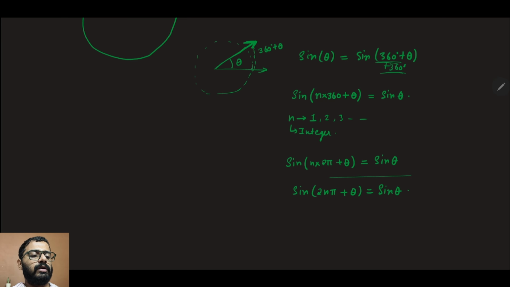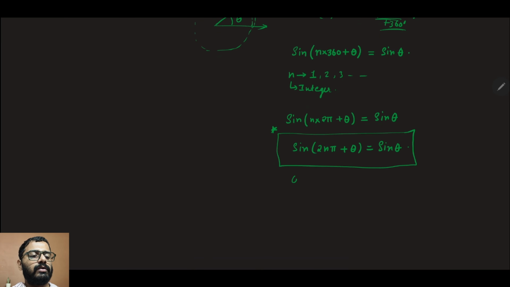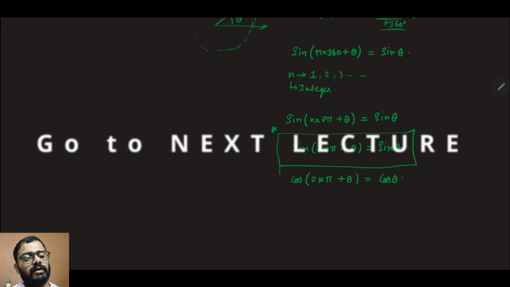So this is important, you should remember this. Same thing is valid for cos also. So cos of 2n pi plus theta is equal to cos theta. Okay, we will again see these things in the graphs also.